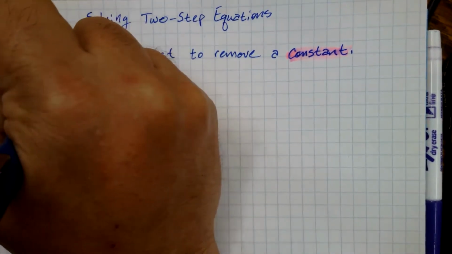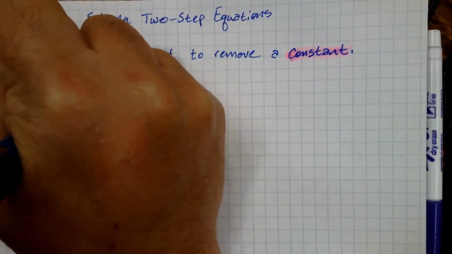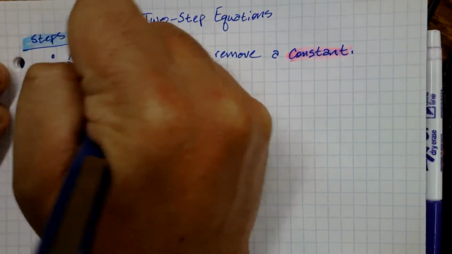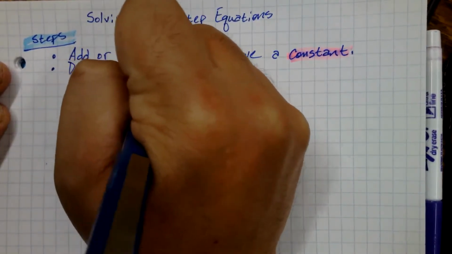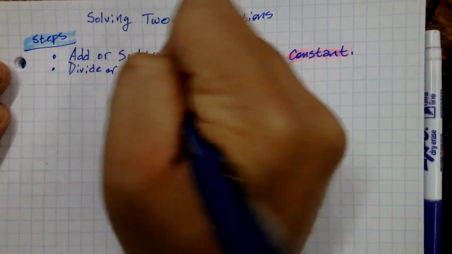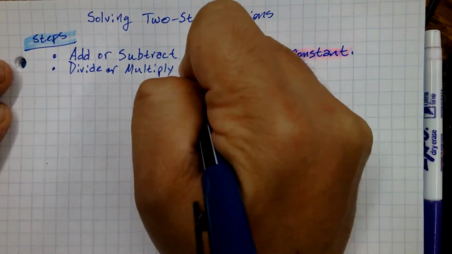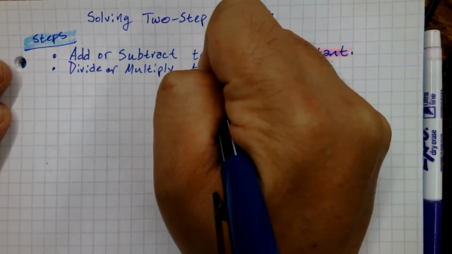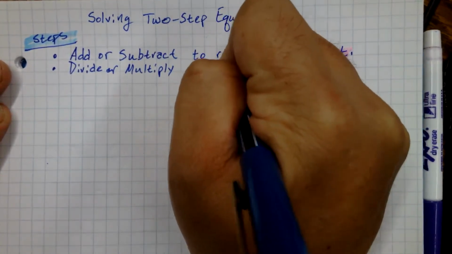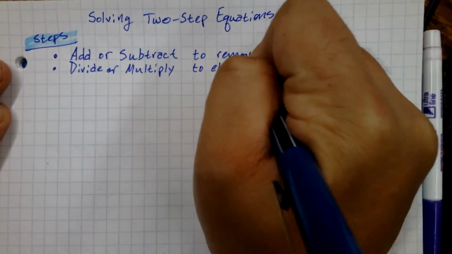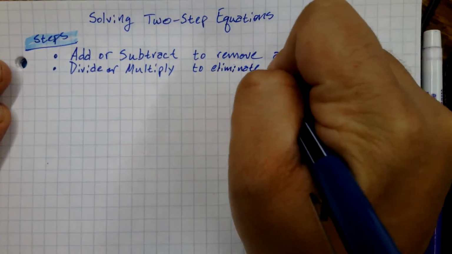Step 2. Divide or multiply to eliminate the coefficient.